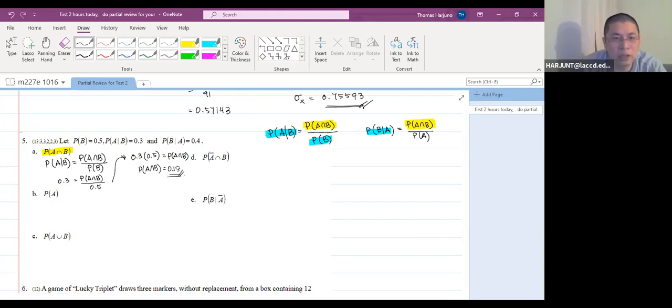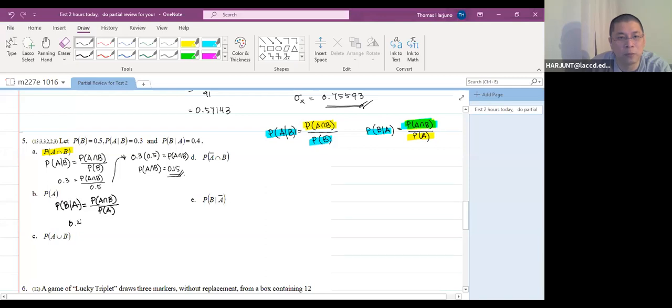Now, once we get the probability of the intersection, all of a sudden this part is known, and we can use this formula here to find part B. Probability of B given A equals probability of the intersection over probability of A. Now I plug in numbers.